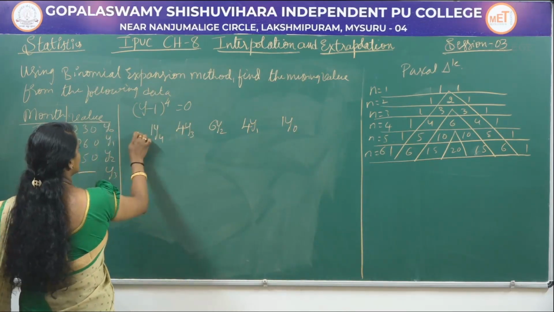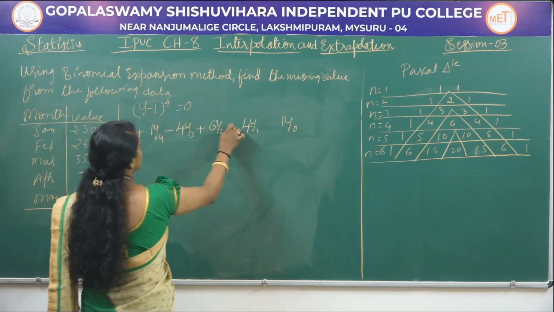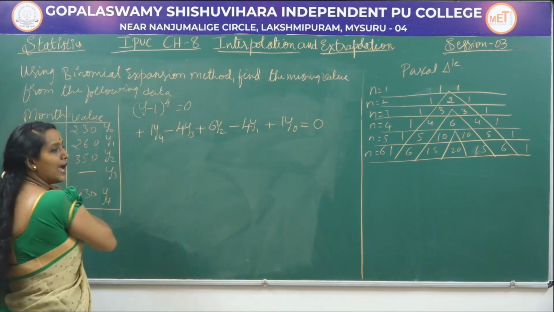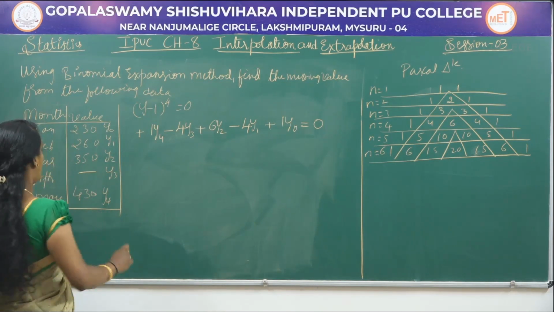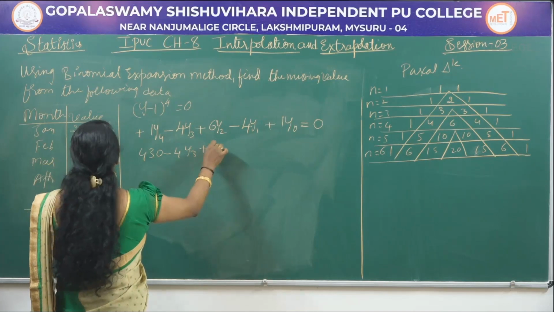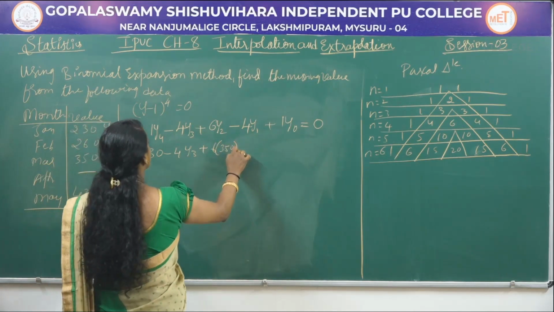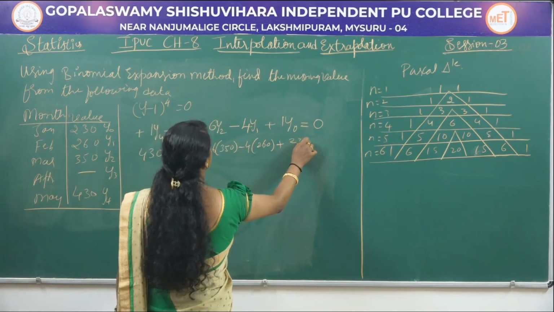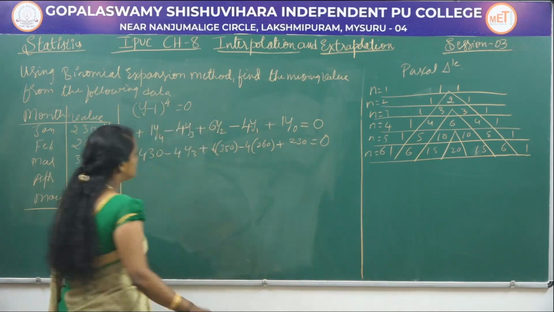Next, write down the alternating signs, and at last I will equate this to 0. Now you have to substitute the y values. It is 430, 4 into y3, 6 into 350, 4 into 260 plus 230 is equal to 0.